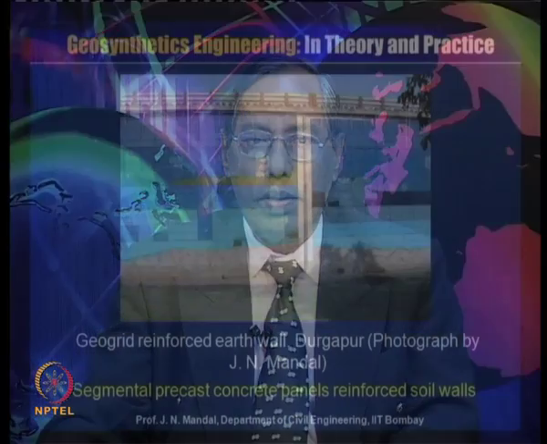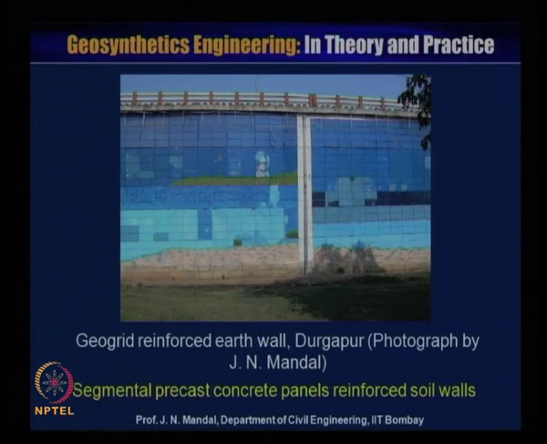Here is also a geogrid reinforced earth wall where panels have been used. This is the first time in India a geogrid reinforced soil wall of about 15 meter height was built, and here local fly ash has been used.